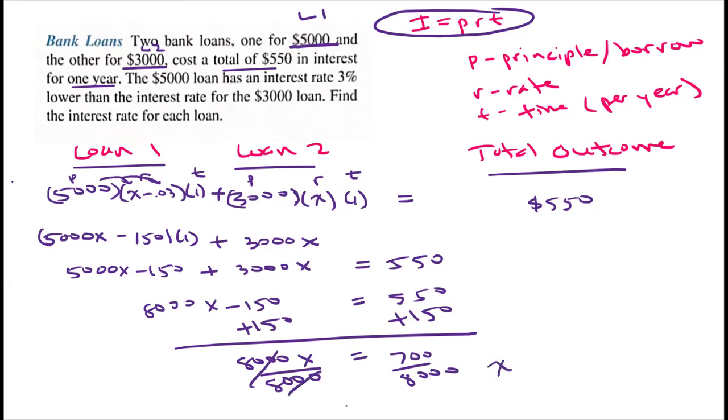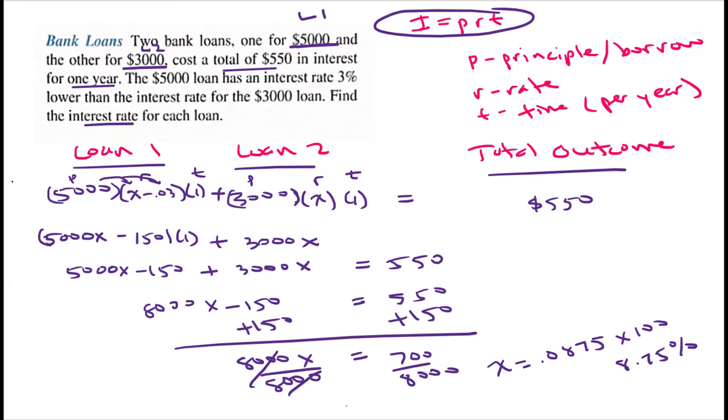So x gives us 0.0875, but we want the interest rate, so we need to multiply this by 100. That's 8.75%, and that's going to be for the $3,000.